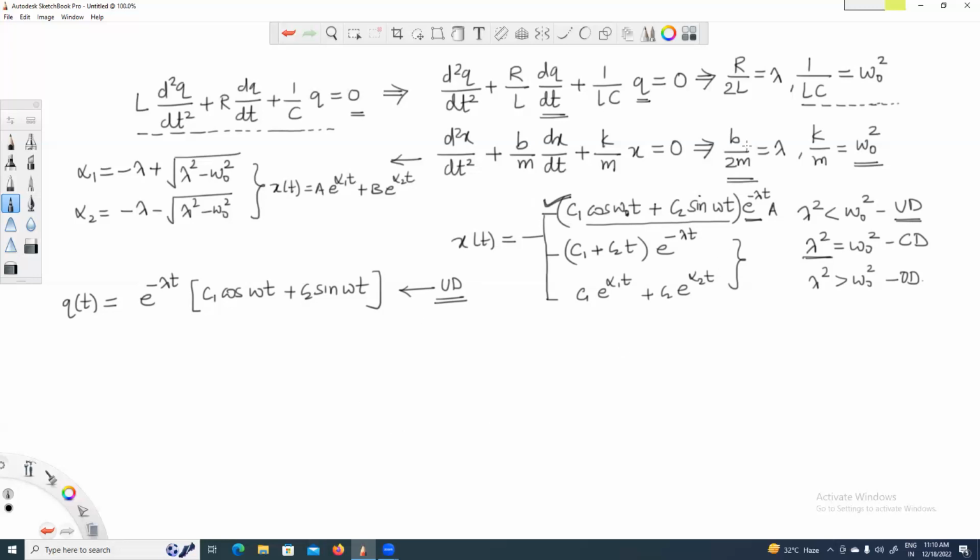Here lambda is R over 2L, and this omega square would be omega naught square minus lambda square, as we have considered omega naught square greater than lambda square.